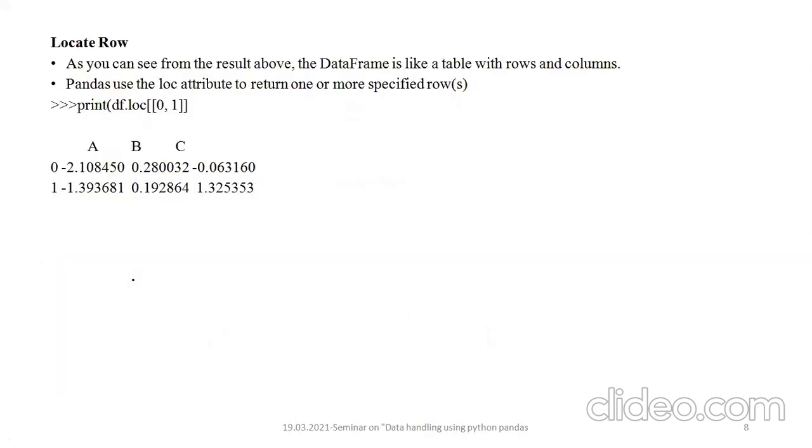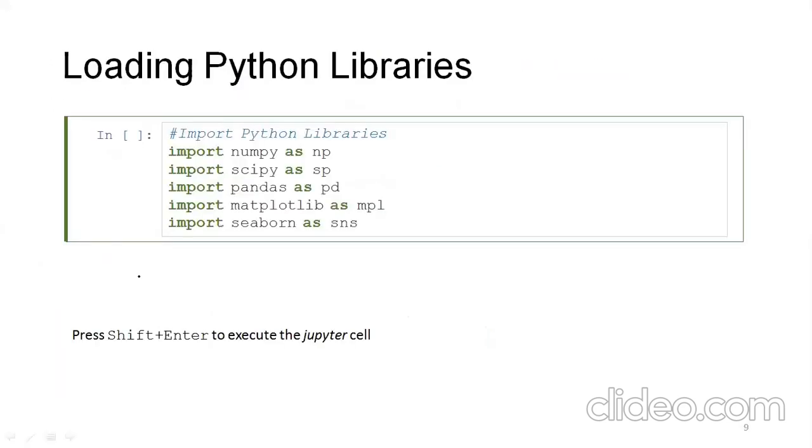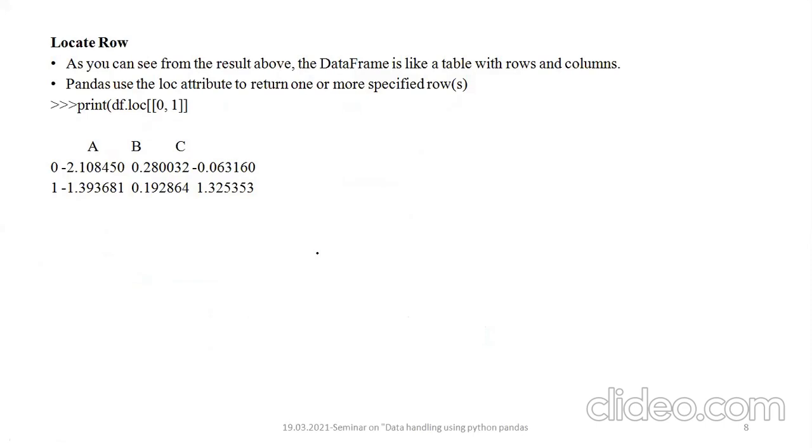Next, using locate, that is the loc method, which is available in the data frame. It is used to load the row. Here I am specifying rows 0 and 1. So row 0 and row 1 of the data frame will be loaded in the output.